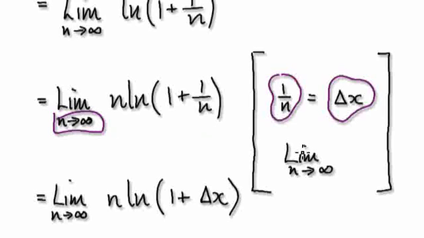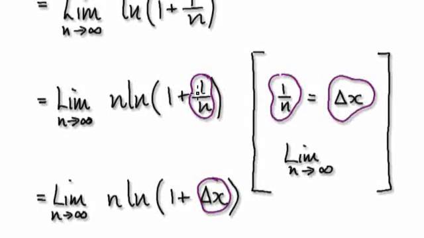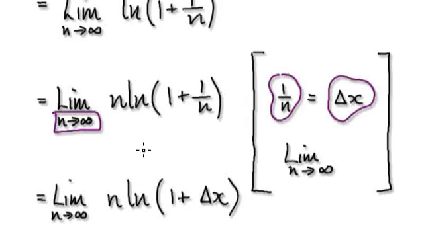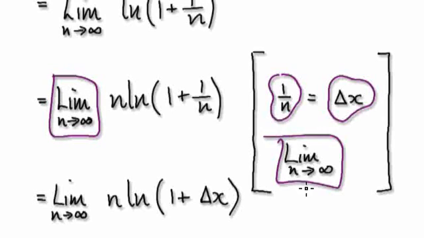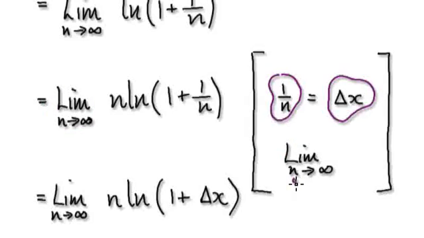This is legitimate because, as n tends to infinity, that means n gets bigger and bigger and bigger.